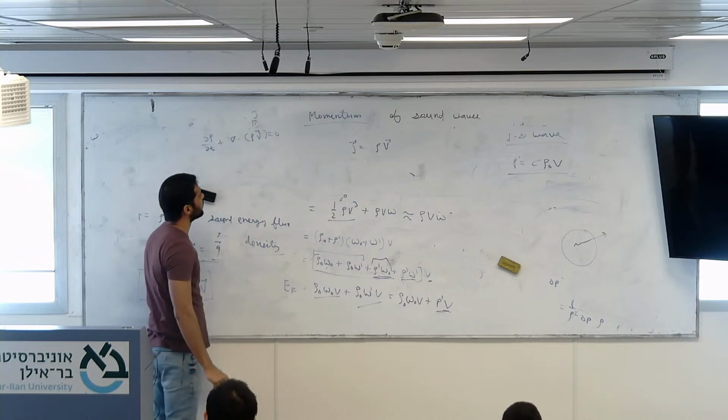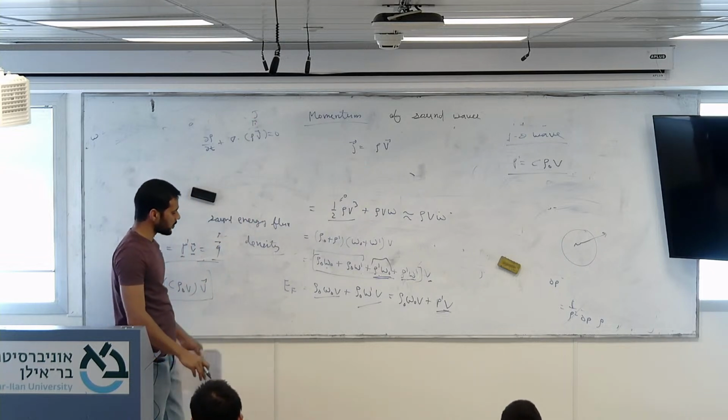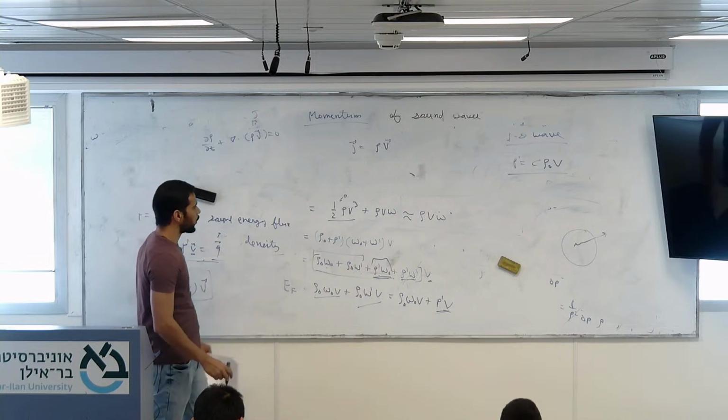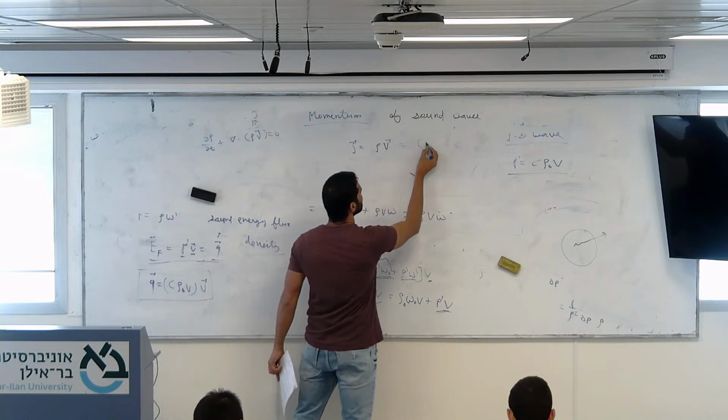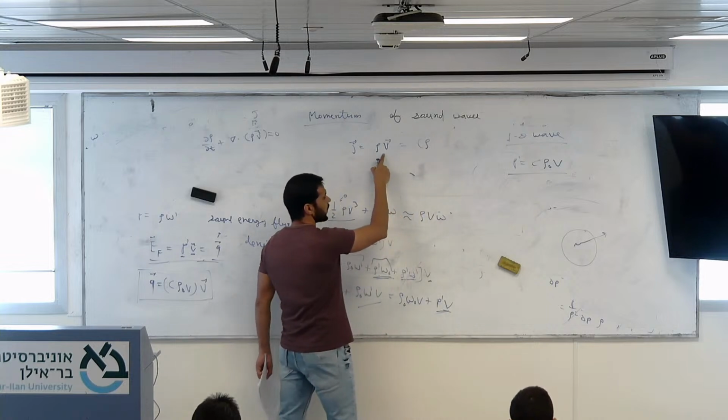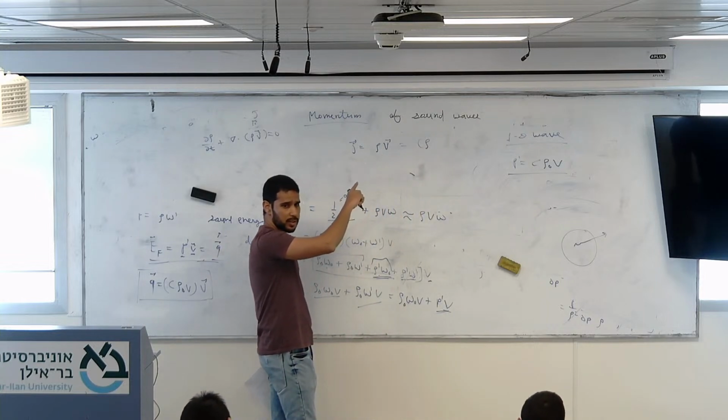This is J. Put rho. Again, here V is not the velocity of the fluid, it is the velocity of the perturbation.